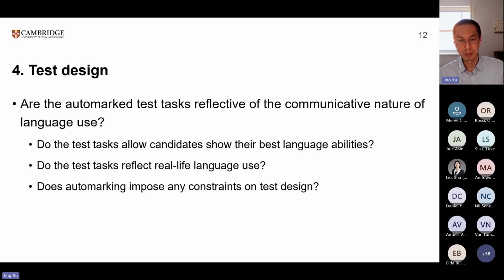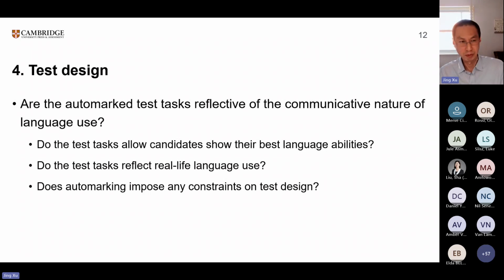But many people argue against this way of assessing speaking, because it narrows down the speaking construct due to the use of automarking technology. Even monologic speaking tasks like TOEFL iBT are not assessing conversations at all. So there is some construct misrepresentation or underrepresentation in these tests as well, even though they are reputable, well-known assessments.